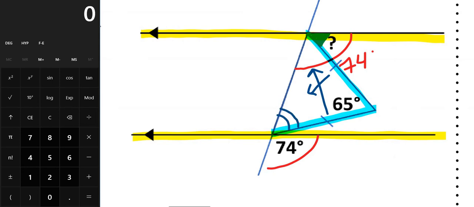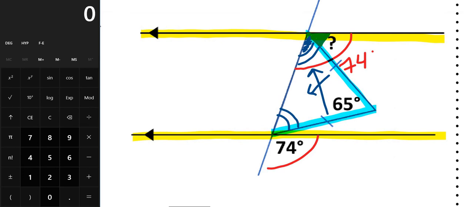So this angle here and this angle here should have the same measurement. I can figure out what those measurements are. And that's going to be really helpful, because if I know what this angle is, then I can subtract it from 74 to get my question mark. So let's figure out the measure of those 2 base angles.